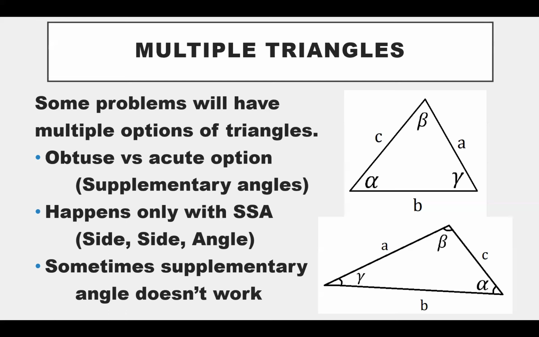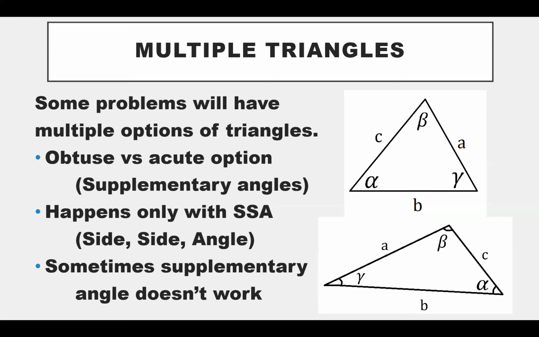So some problems where we're given two sides and an angle will give me two different options for my triangle. And the two different options will come when I'm finding my angle using law of sines, and I get one obtuse and one acute option, which those two angles will be supplementary. They'll add to 180.